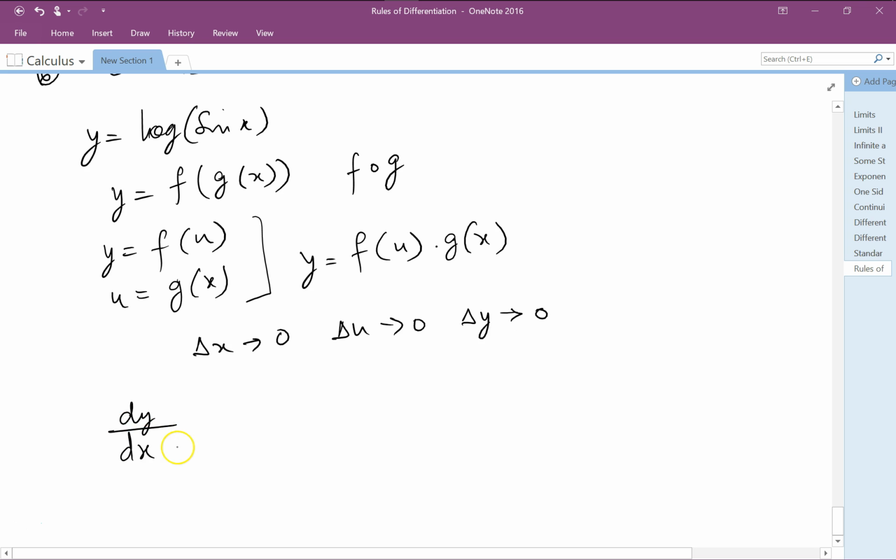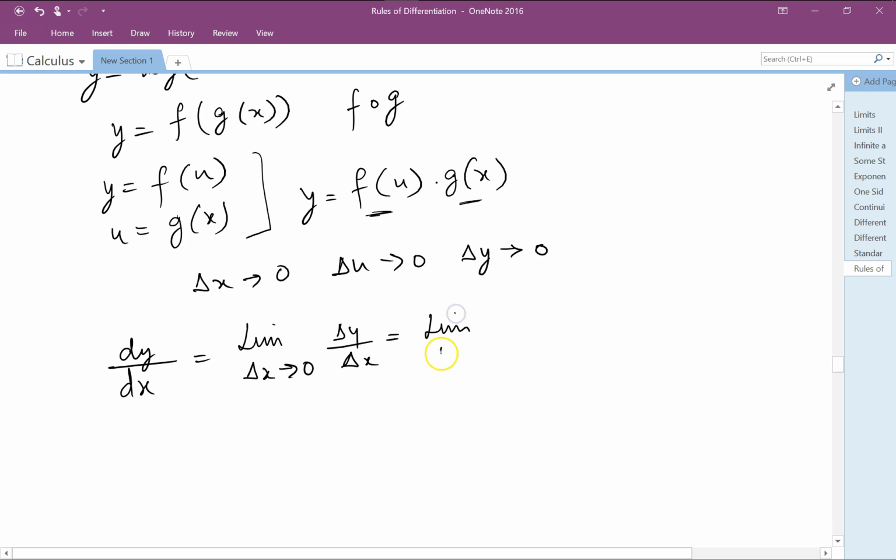Since we already know how to find the derivative, limit as delta x approaches 0 of delta y by delta x. Now delta y by delta x can be written as delta y by delta u times delta u by delta x.